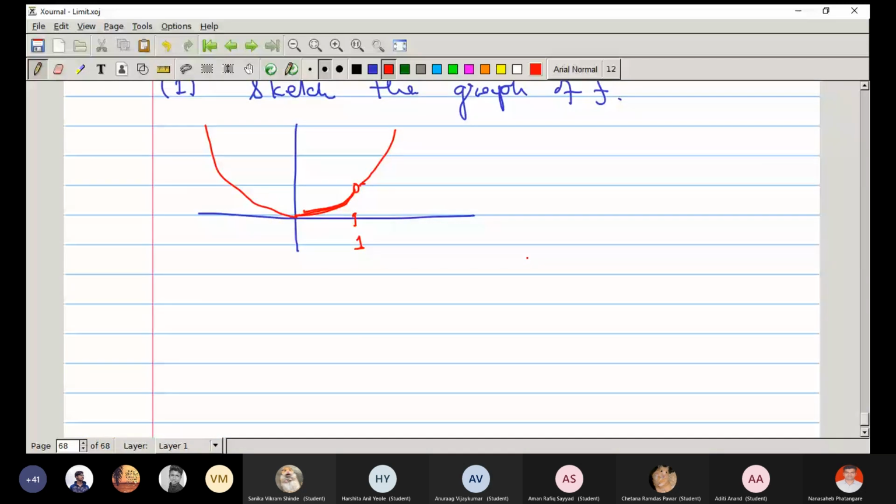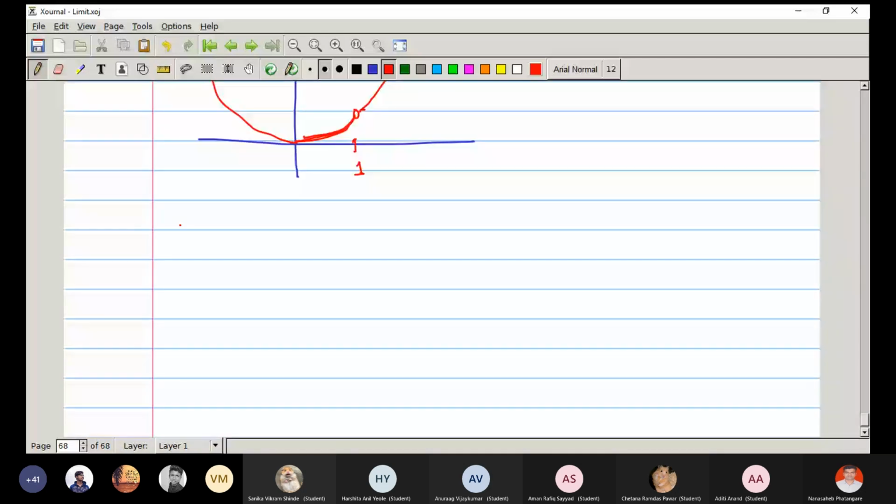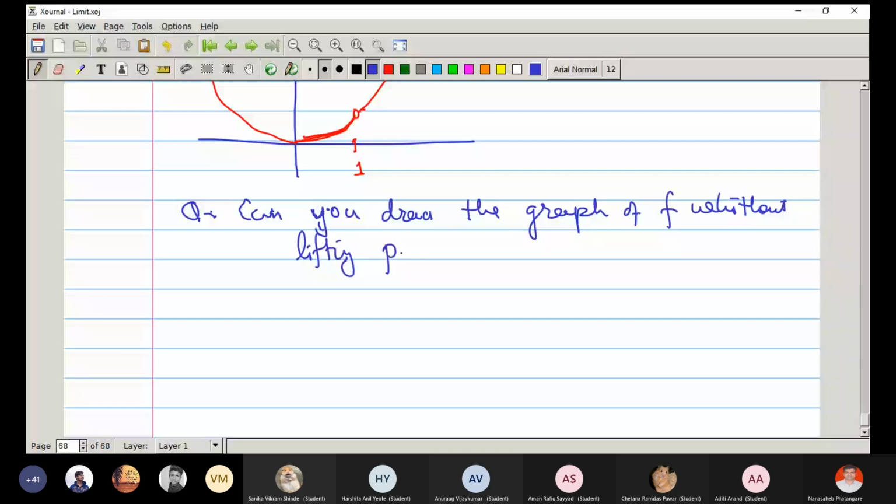Now the question is, can you draw the graph of f without lifting the pen? Is it possible? Without lifting the pen, can you draw this? No, sir. Fine.